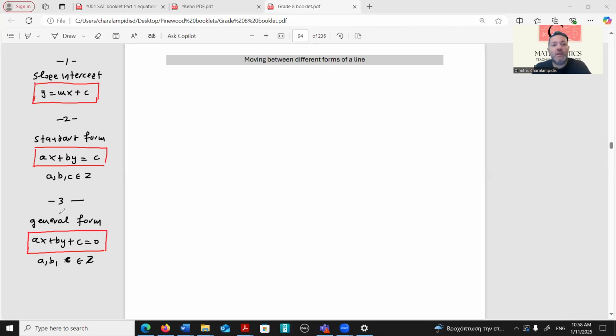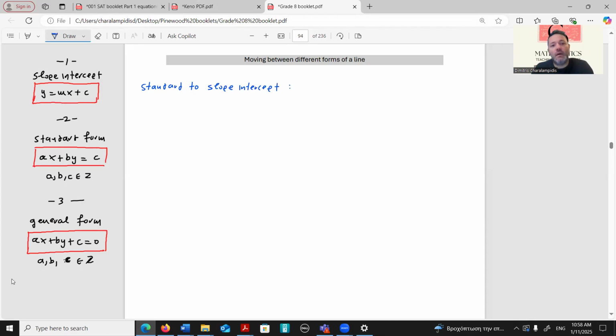Now, we will see how we can actually move from one form to another. We'll begin with the case of the standard form to slope-intercept.